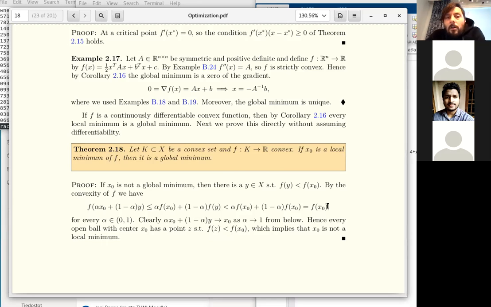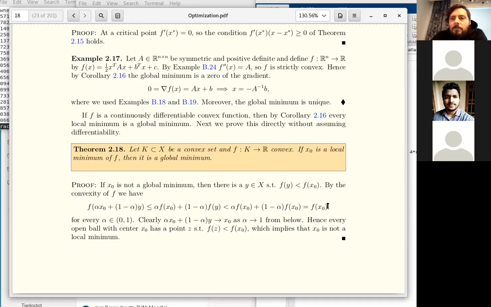It's a local minimum, meaning that in the small region around it, the values are only bigger than or equal to f of x0. But there is some y a bit further off where f of y is smaller than f of x0.